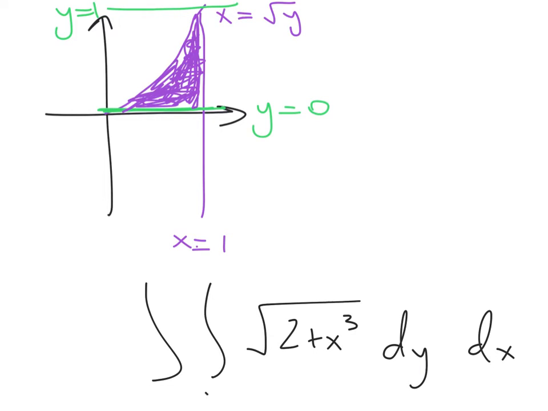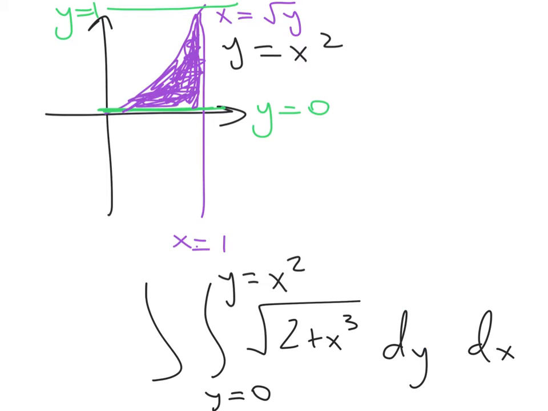And now I'm going from y equals 0 up to this upper curve. This curve was given to us as x equals root y, but we were able to rewrite that as y equals x squared, which is what we want now. We want these things to be in terms of y equals because of the dy there.